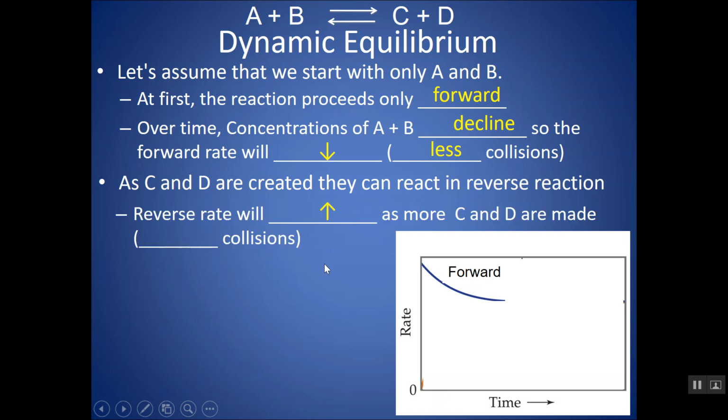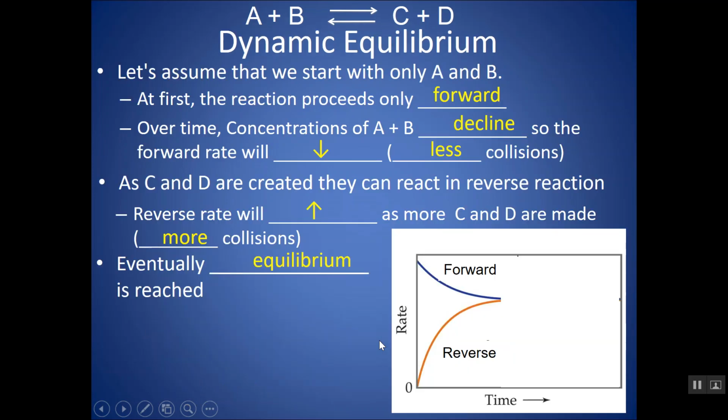The reverse rate will typically start lower, but it will increase as more C and D are made because I'll be able to have more collisions between them to result in a successful reaction. So if I'm plotting the reverse reaction, if I have no product, the rate would start at 0, and over time, it would get a little bit faster. So notice that it's getting faster over time.